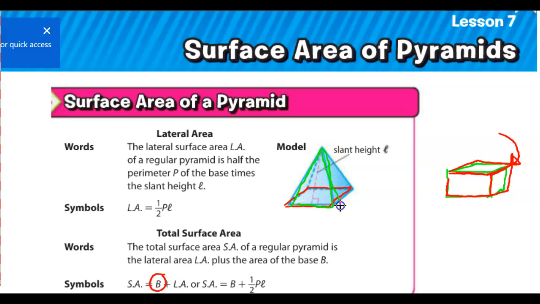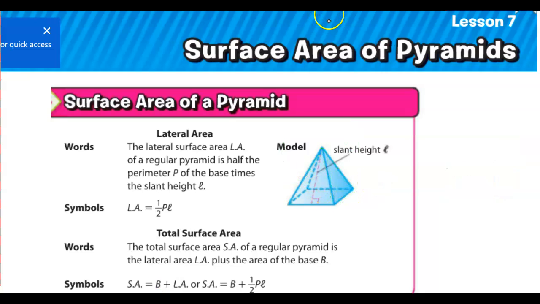We would find the area of this side here. We'd find the area of the back over here, and we'd find the area over here. So really the easiest way to do that would be to find the area of the base, and then the area of the front. And since there's 4 of those sides, we could just multiply that by 4.